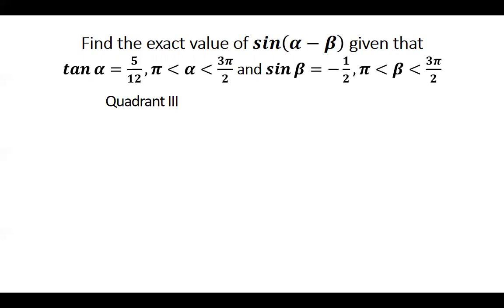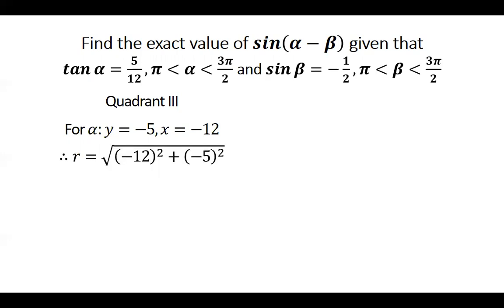So for alpha, we know that tangent is y over x. Since in the third quadrant x and y are both negative, tangent alpha equal to 5 over 12 tells us that y is equal to negative 5 and x is equal to negative 12.